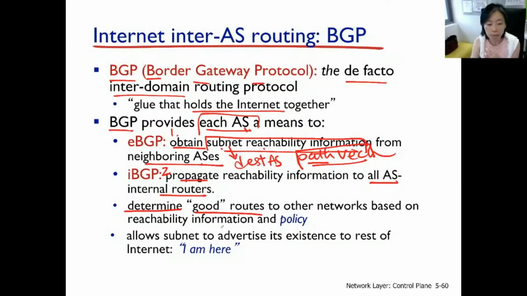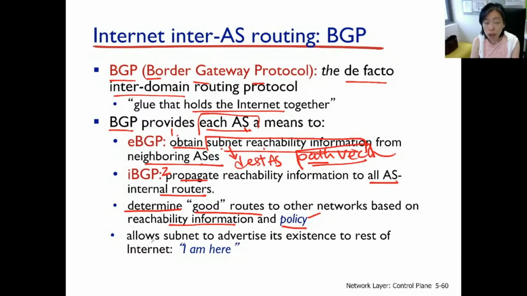The calculation can be based on what's provided in the path vector, for example the path length, or based on the policy of the organization owning the AS. This is more and more likely the case for how a router determines the best route. The policy can well be profit-driven, business-driven, security-driven, and things like that.